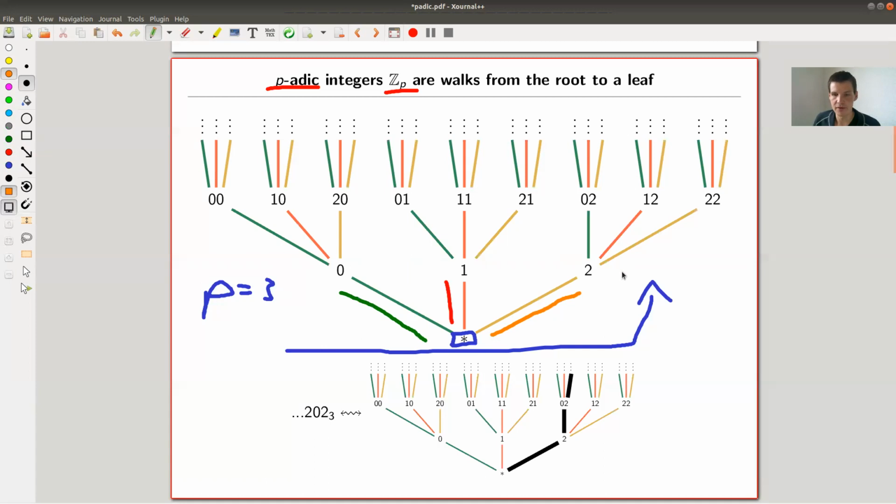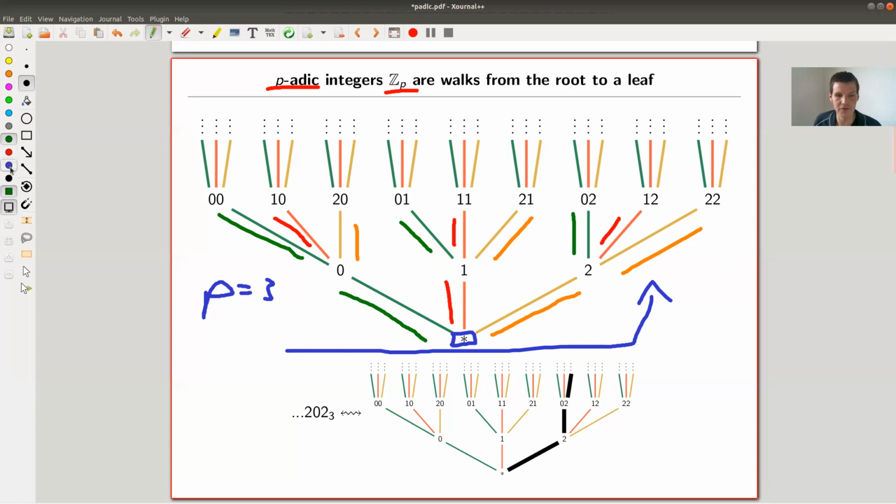And I keep on going. Red, orange, orange, orange, red, red, red, and green, green, green, green, green, green. I keep on going. And I want to think of a p-adic integer as a walk in this tree until you hit a leaf. You will really never hit a leaf in some sense because the leaves are at infinity. So a p-adic integer is an infinite walk. But basically that's the idea.